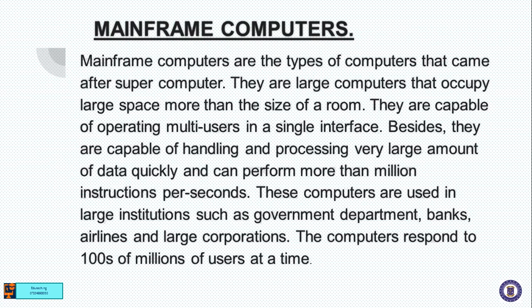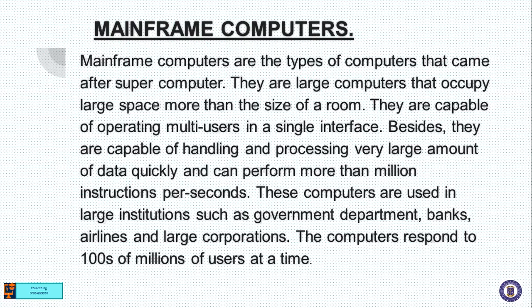You can see how large the computer is. Now you just imagine a computer that can take hundreds of millions of users at a time. You should know how large it is. So it is very large. Not just that it responds to hundreds of millions of users at the same time, those users are not using it to do the same tasks.